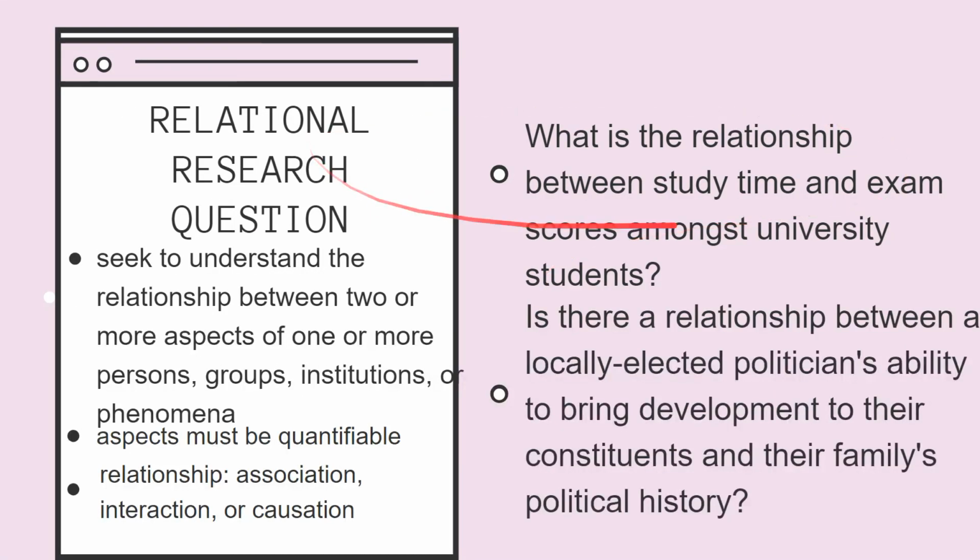But if you are using a relational, a correlational study or a correlational type of research, you are going to use the relational research questions. Okay, so again, the research questions will define the direction of your study, so make sure that you are using the right type of research questions when you are presenting them in your research.